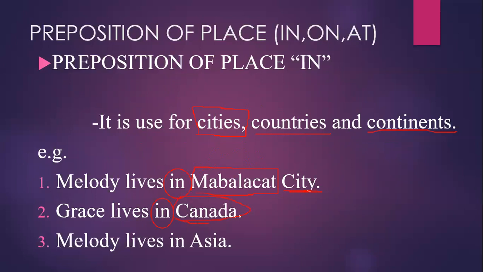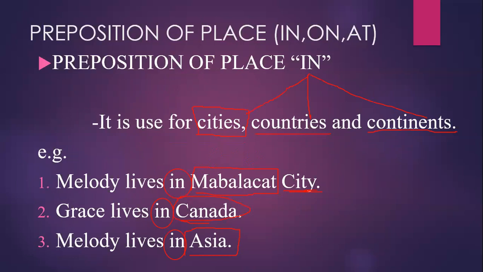Next, Melody lives in Asia. Here we use the preposition of place in because we are talking about a continent, which is Asia. So again, we use the preposition of place in for cities, countries, and continents.